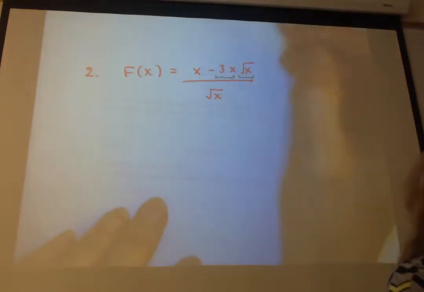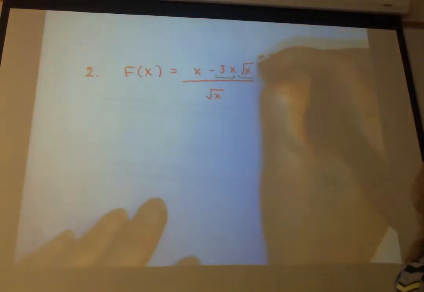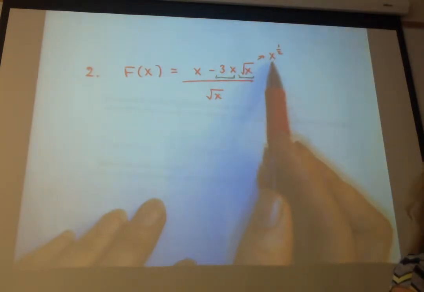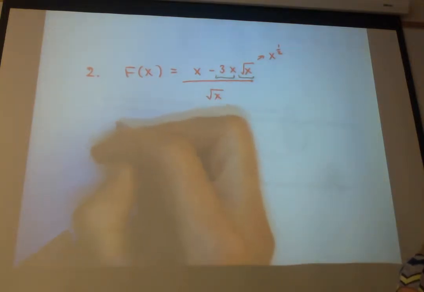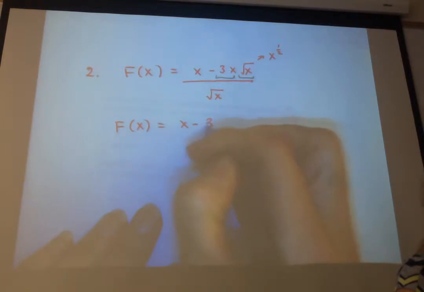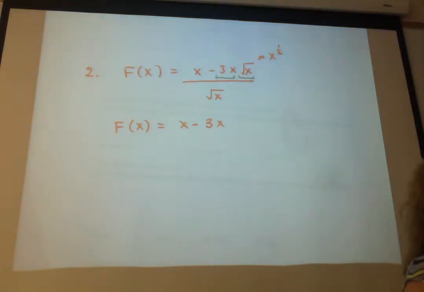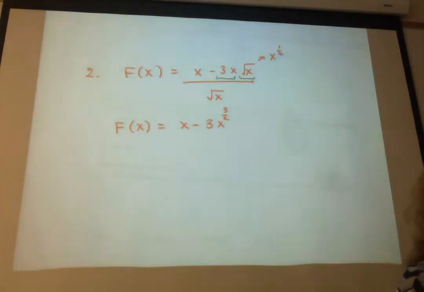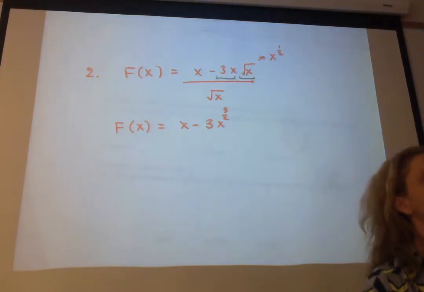All right? So if this is x to the 1/2, what's an x times an x to the 1/2? It's going to be 3x to the, right, 3 over 2.